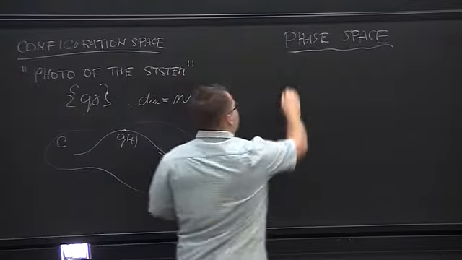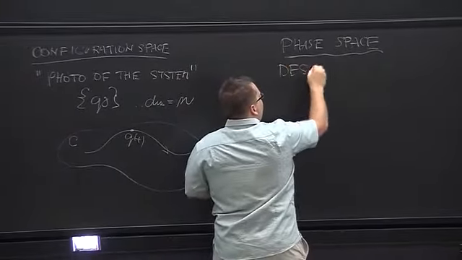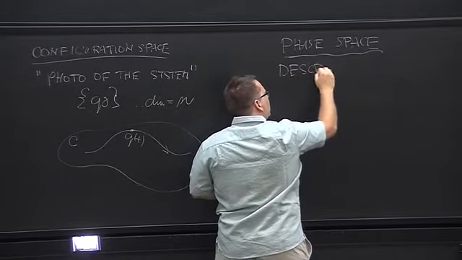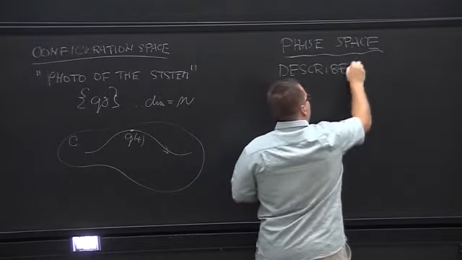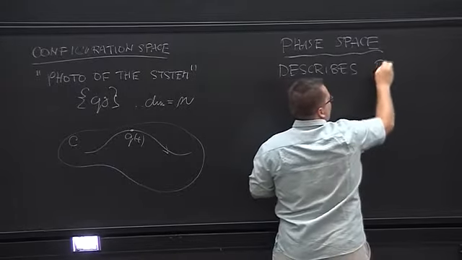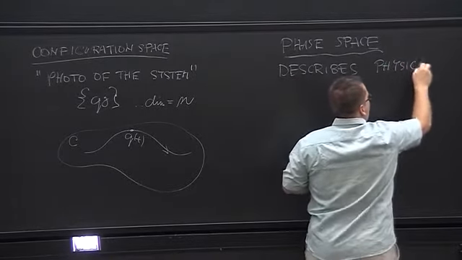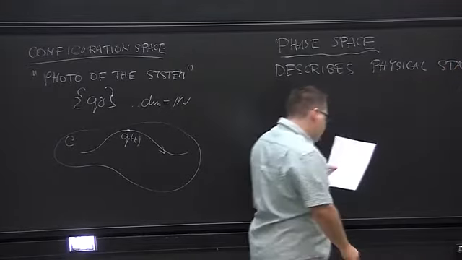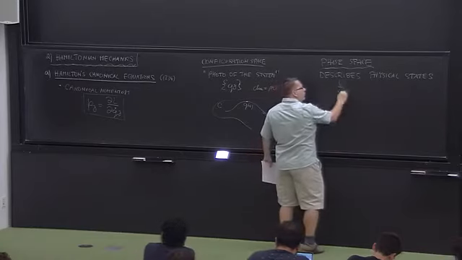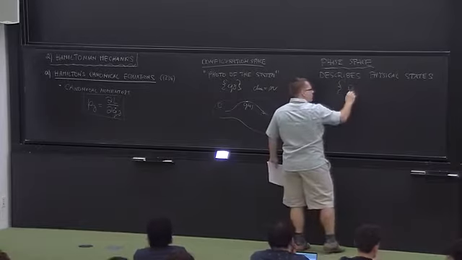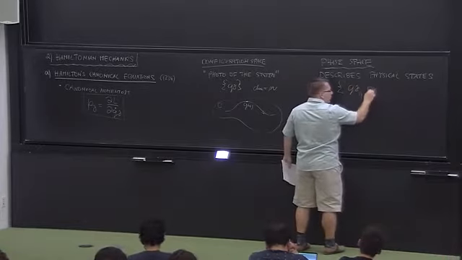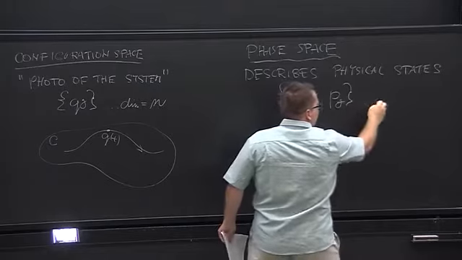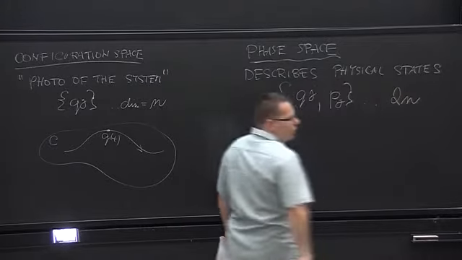and so it describes physical states. Now we have 2n coordinates: the positions as well as the momenta. So the dimension is now 2n.